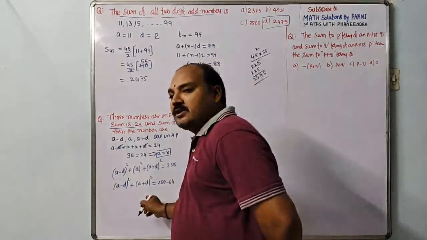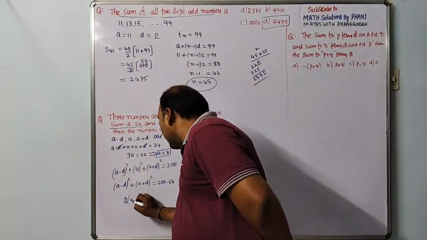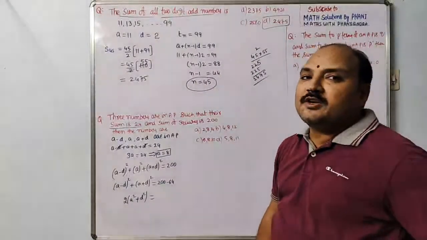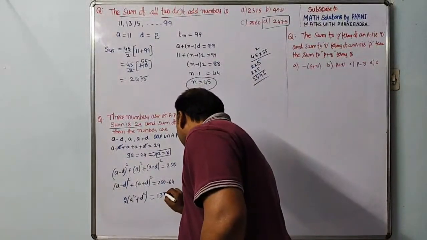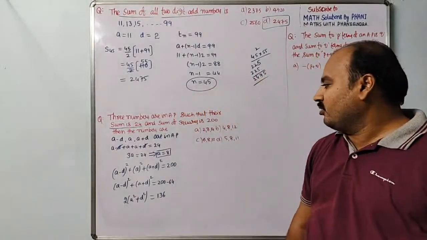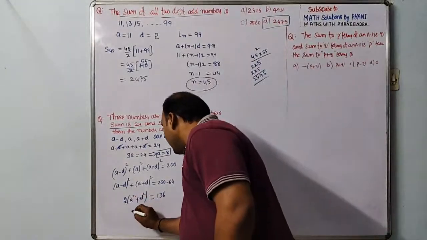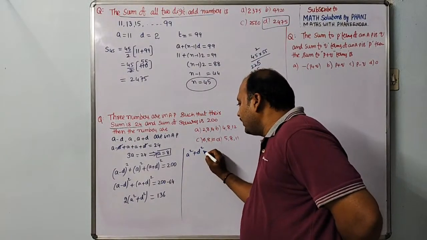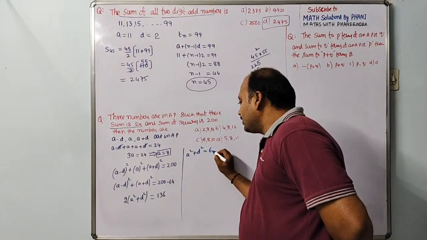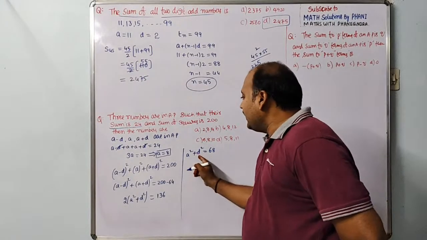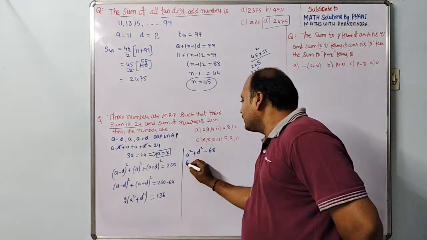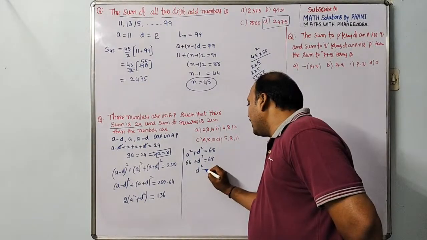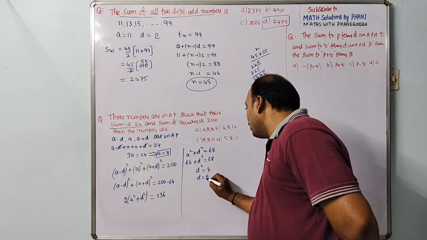That is 2 into a square plus d square, equal to 136. Dividing by 2, a square plus d square is 68. Since a is 8, 64 plus d square equals 68, so d square equals 4, d equals plus or minus 2.